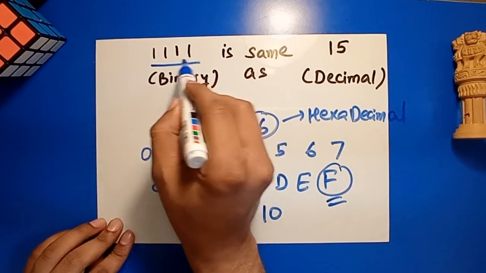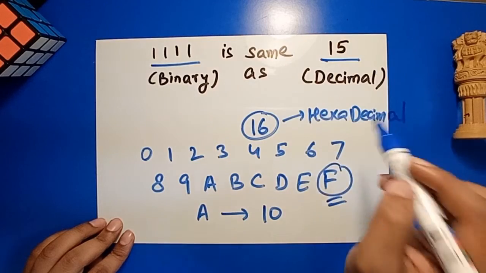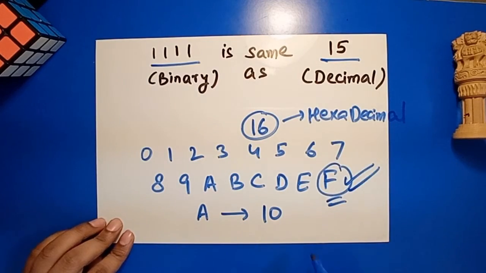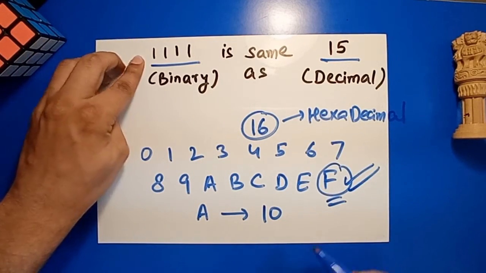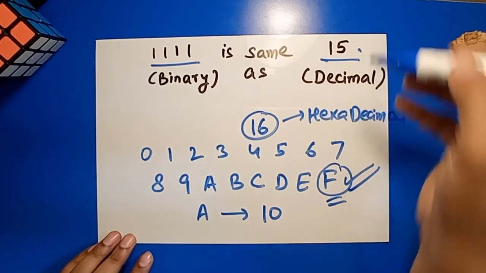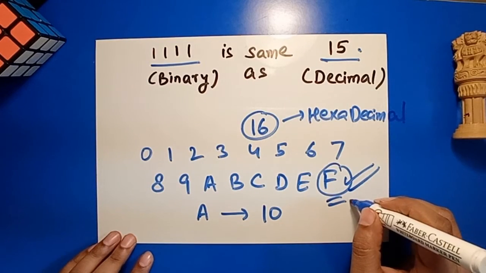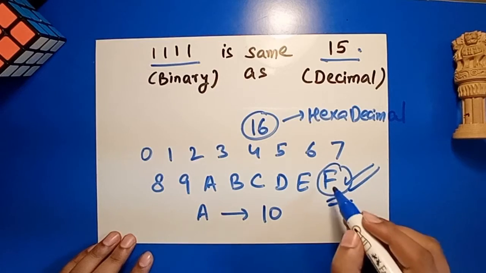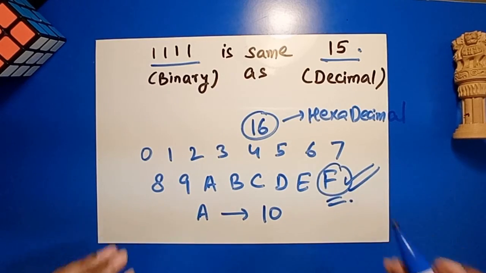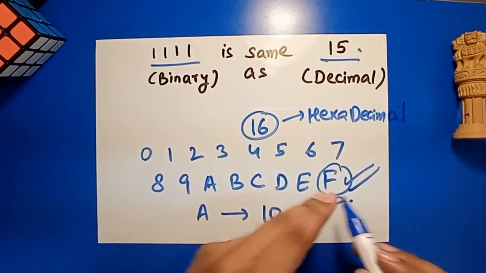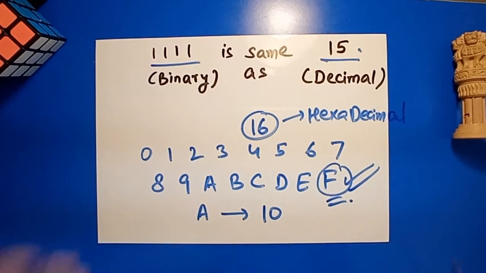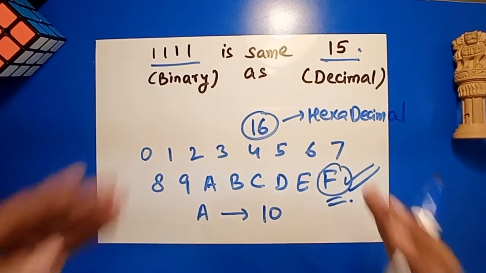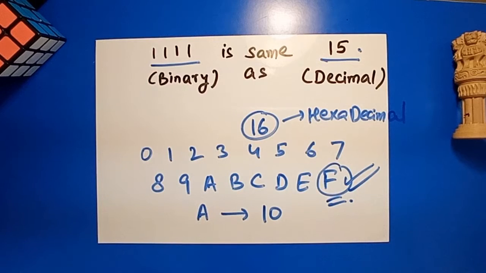So what does it mean? This number is the same as this number. This is a binary number, this is a decimal number, and this is a hexadecimal number. The value of all these three is the same. The number system being used is different. Let's do another calculation to avoid confusion.